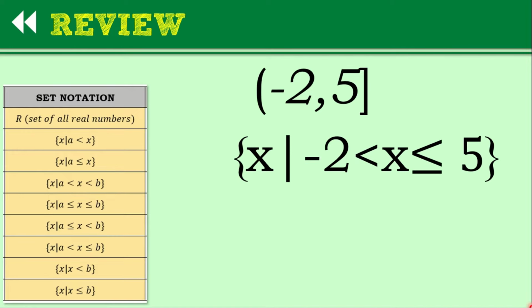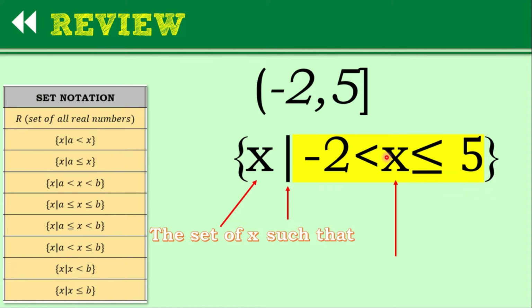Enclosed in a brace, it means that the solution would be a set of values. So here it's the set of x. And when you see this vertical line, it's read as "such that." So again, that's the set of x such that, then this would be your condition. Your condition here is x is greater than -2 and less than or equal to +5.